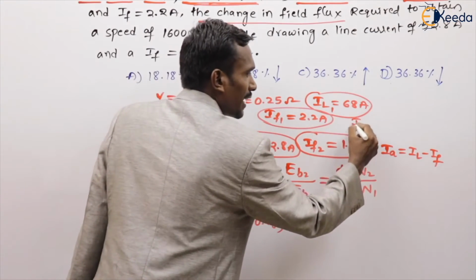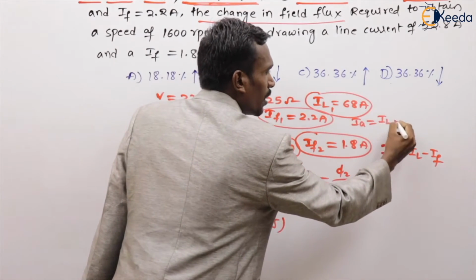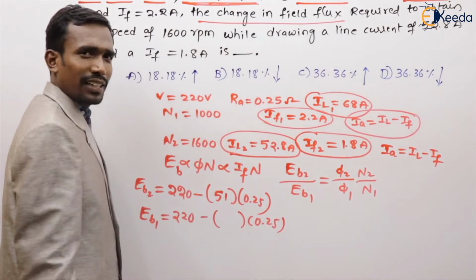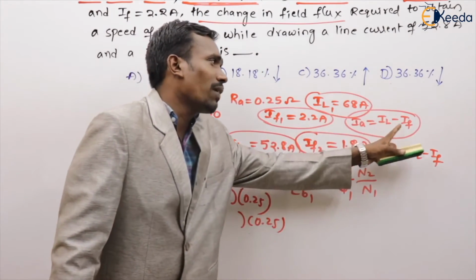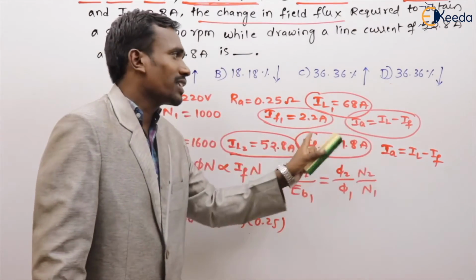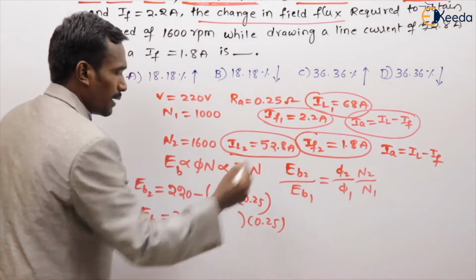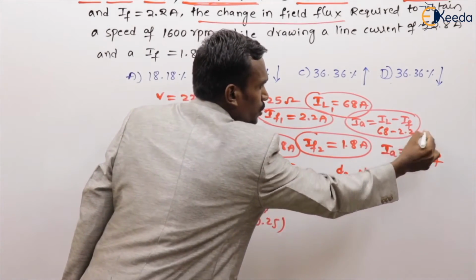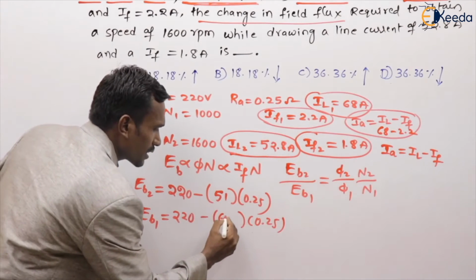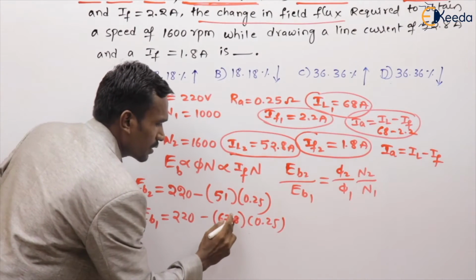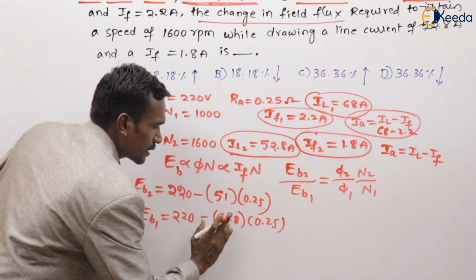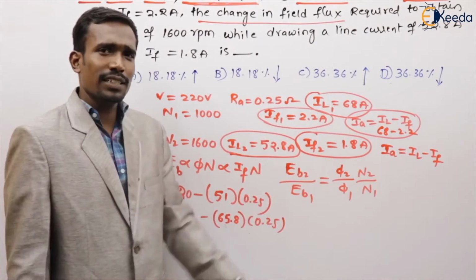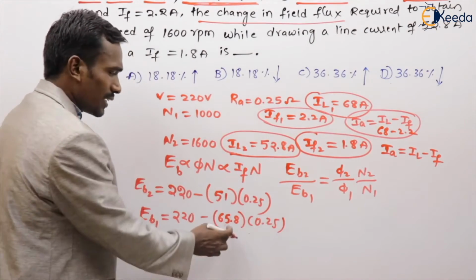Then the armature current is equal to line current minus field current, nothing but 68 minus 2.2, which is 65.8. That is IA1.